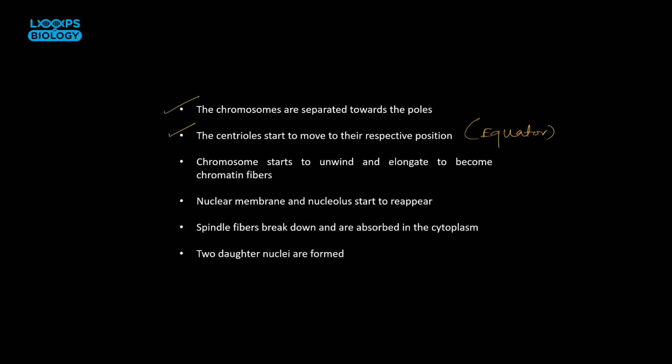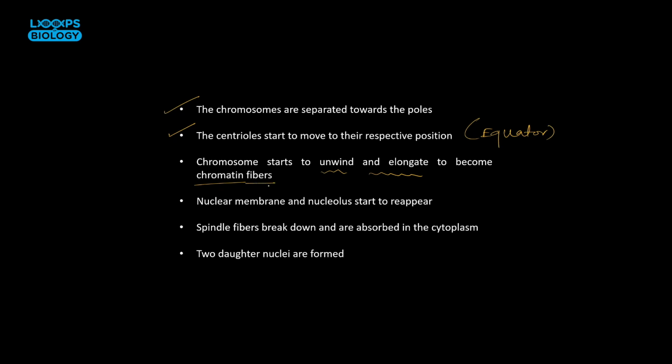That's why this chromosome has to unwind and elongate, exactly the opposite of what was taking place in prophase; it is happening in telophase. So telophase is not such a mind-boggling thing, but it is just the reverse of prophase. Your chromosome starts to unwind and elongate to become chromatin fibers again.